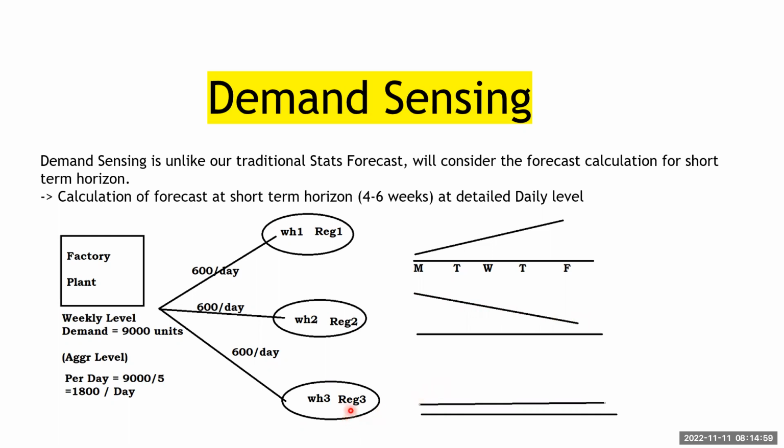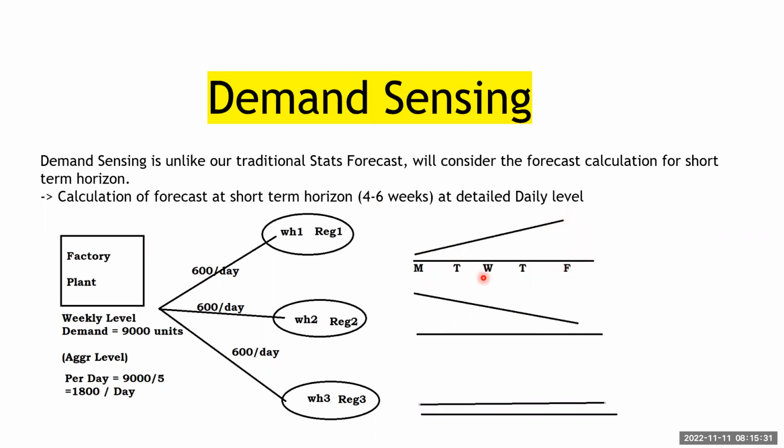One of the regional warehouses has constant demand, 600 per day, right? If we try to match this behavior with 600 per day, do we require 600 here? No. Do we require it here? But yes, definitely in this behavior, we may require it on Friday, right?